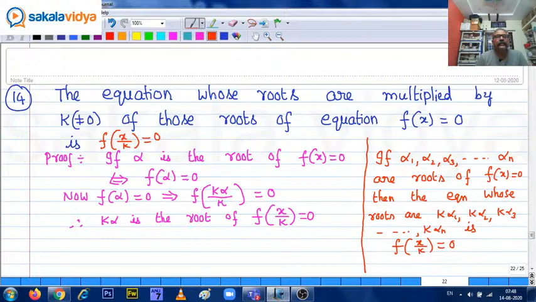That means the equation whose roots are multiplied by a constant k, those of the roots of f of x equal to 0, is given by f of x upon k equals 0. Then substitute x by k, divide x by k. We need to substitute. Understood now?